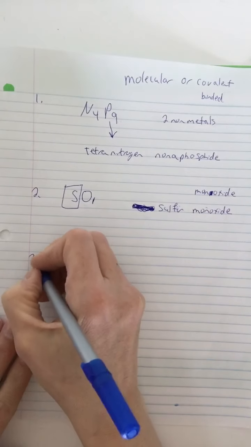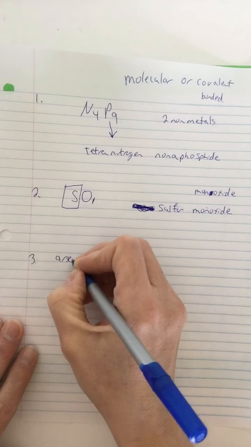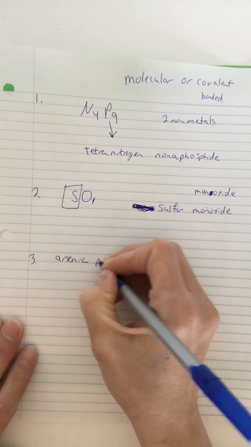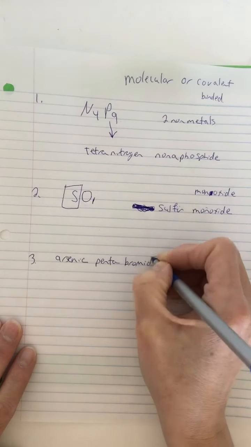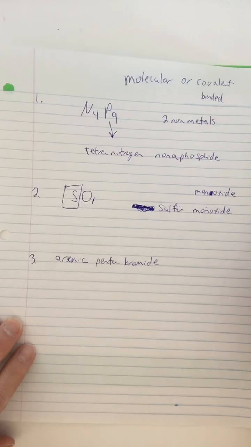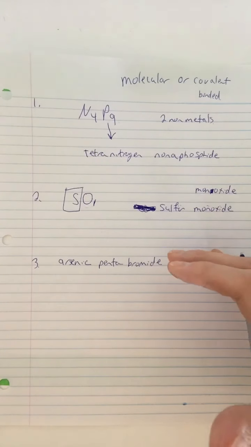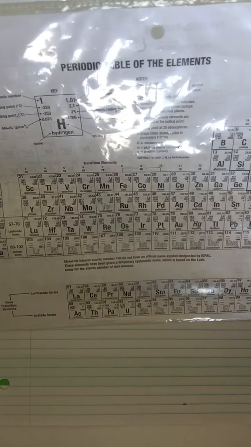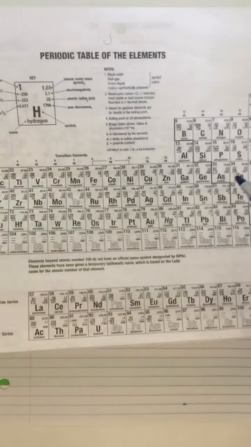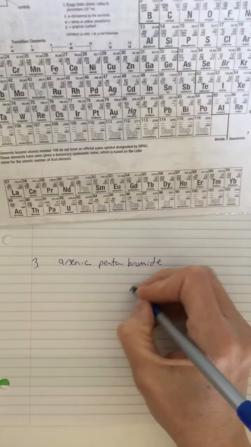So let's look at the second part. If I gave you this: arsenic pentabromide. What would I do? Well, I would look here and I would say arsenic. Okay, so I know arsenic is here, As. So I would write that down because there's no prefix, so I just have As.